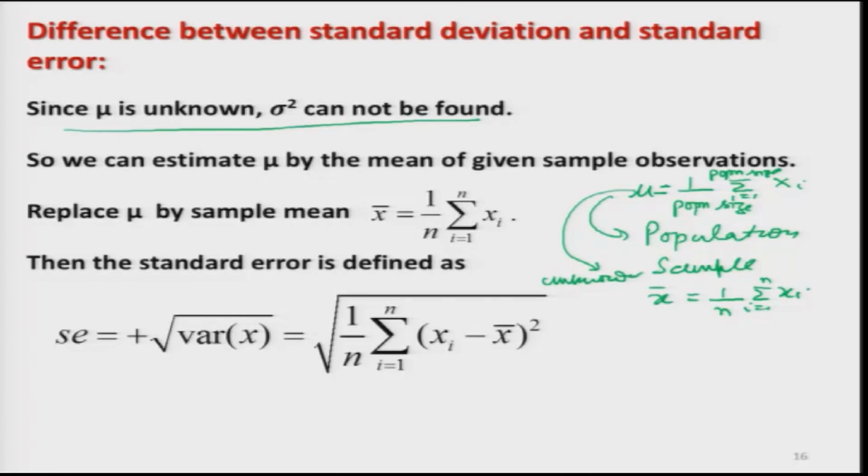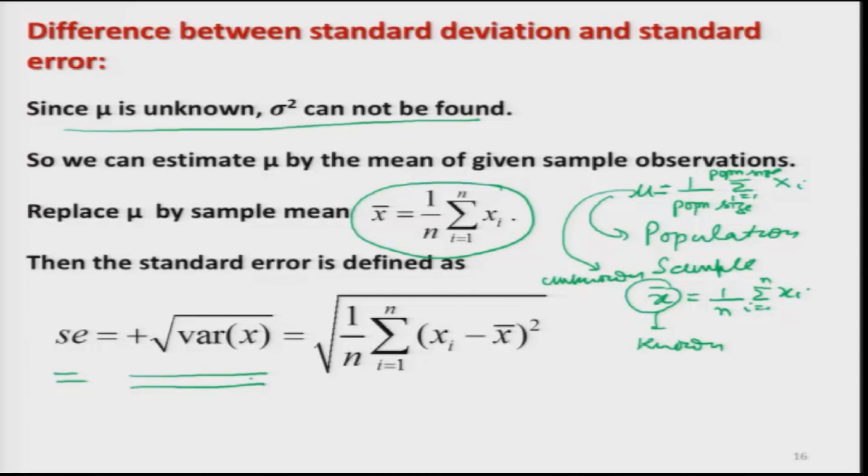but the sample mean x bar is known to us. So, what I can do is replace mu by the sample mean x bar, 1 upon n summation i goes from 1 to n xi, and then in that case the standard error, which is the positive square root of the variance, becomes like this: square root of 1 upon n summation i goes from 1 to n xi minus x bar whole square, and this quantity is called standard error.